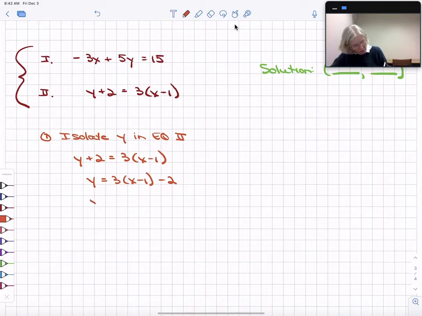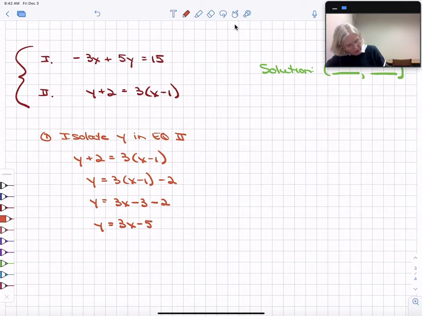I'm going to distribute. y is equal to 3x minus 3 minus 2 more, or y is equal to 3x minus 5. I'm going to record that up here just so that I know these are equivalent. It's equivalent to y is equal to 3x minus 5.